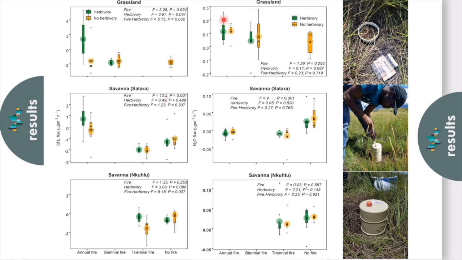And then as for nitrous oxide, even though we had some differences here in Satara, what was important with these results is the overall magnitude of these values. You can see that they are very small, and they are quite negligible, which is in line with what is found in these areas. Some other studies have shown these very small values of nitrous oxide, showing that our soils, even in Southern Africa, release very little to nothing in terms of N2O fluxes.